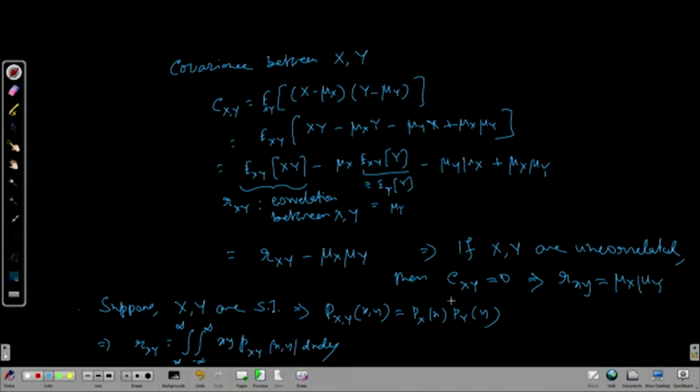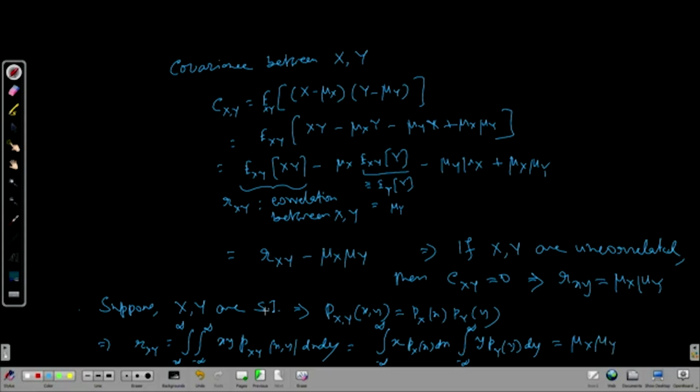But the joint density, if you can break it like this because they are statistically independent, then we have one integral in which x will occur with its density p and dx, and another integral, but this is the mean, the expected value of x, and this is the expected value of y. So, this is mu x mu y.